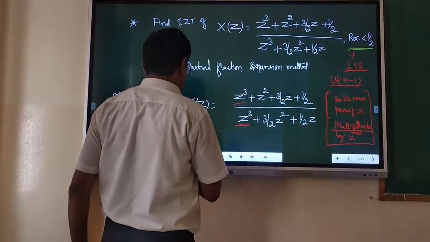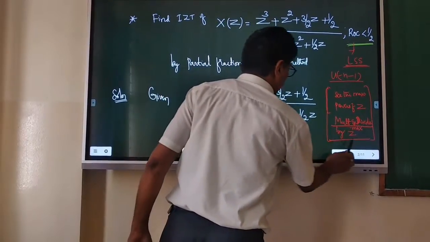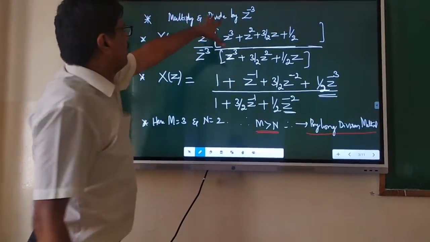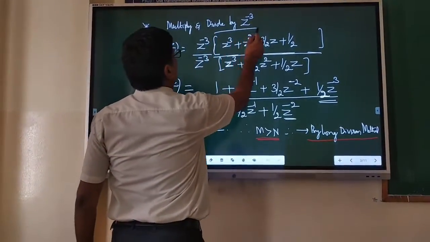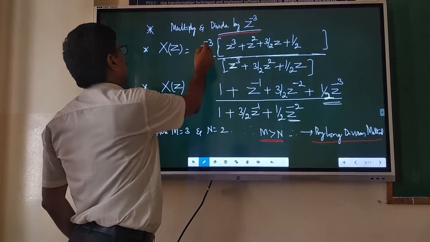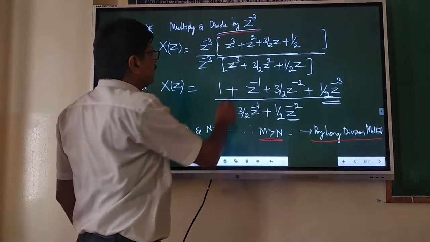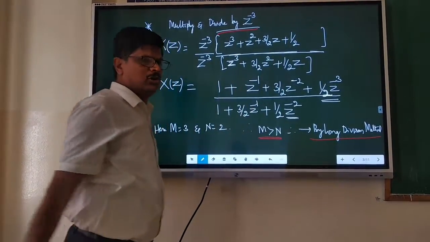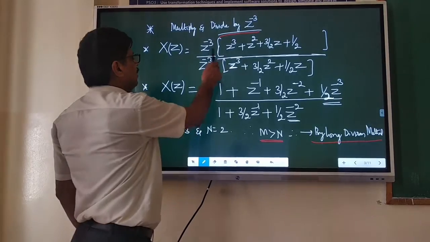Now I will do that one. Multiply and divide by z^-3. Then what I will get is X(z) equal to z^-3 over z^-3 into the numerator and denominator as usual. Now simplify that.